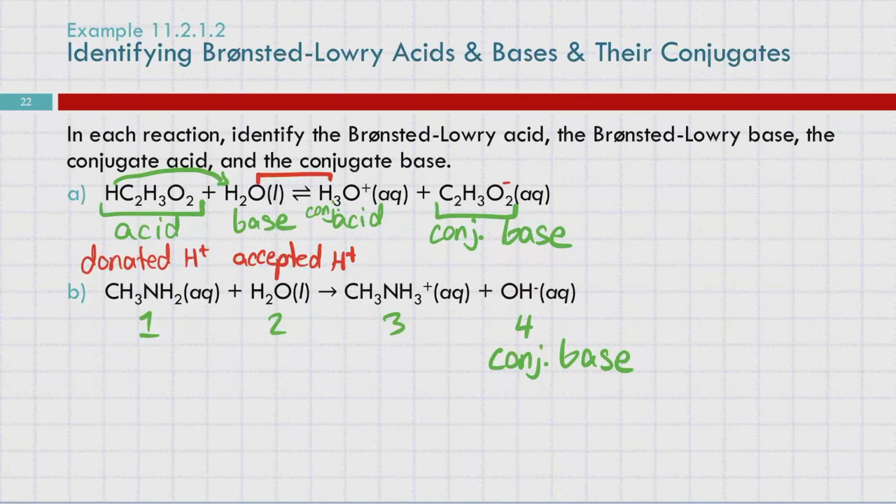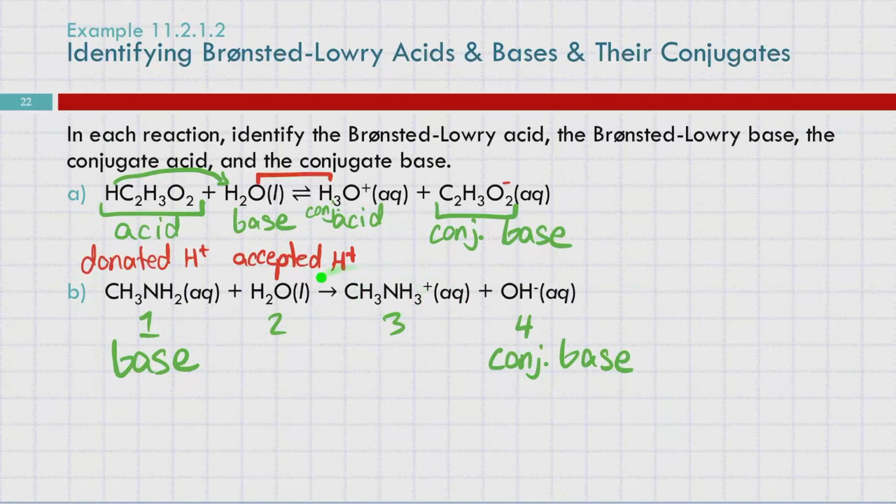Which one is our base? No conjugate. 1. Yeah, this time it's 1. 1 is our base. How do we know? There's a couple of ways that we can figure it out. It's not an acid because there's not an H in front. So it's not going to act as an acid, not in this class.